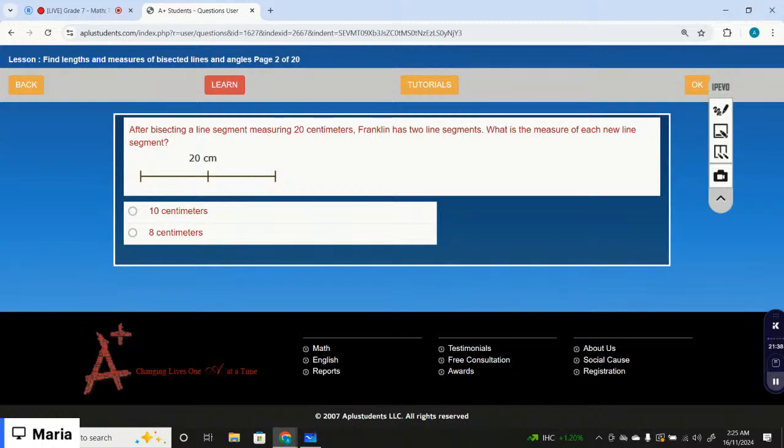After bisecting a line segment measuring 20 centimeters, Franklin has two line segments. What is the measure of each new line?